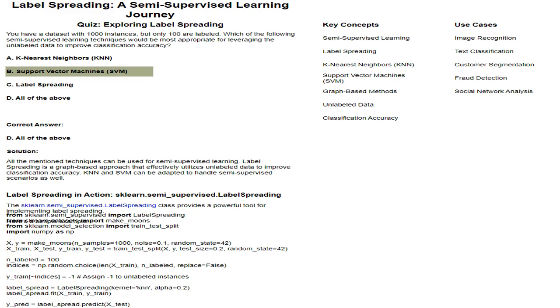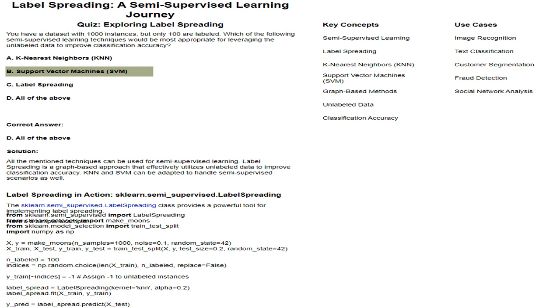Spam filtering. Identifying spam emails requires classifying messages as spam or legitimate. SVMs can be used in semi-supervised settings to improve spam filtering accuracy by leveraging unlabeled emails as additional constraints in the training process. Image classification. Classifying images into different categories can be challenging due to the complexity and variability of visual data.